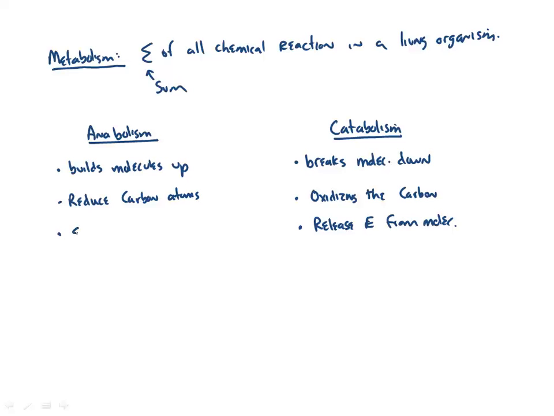So in anabolism we usually store energy in the molecule, meaning the body has to use energy and there's a net loss for it. Some examples of anabolic processes that we'll look at are gluconeogenesis, close enough, and lipogenesis.